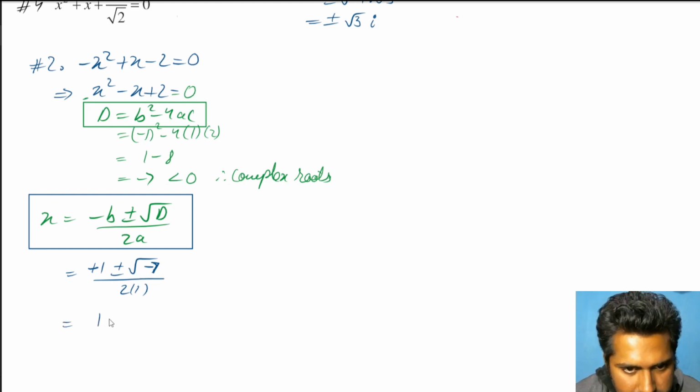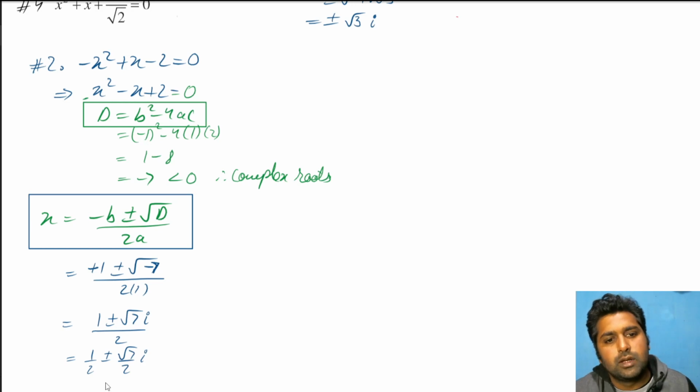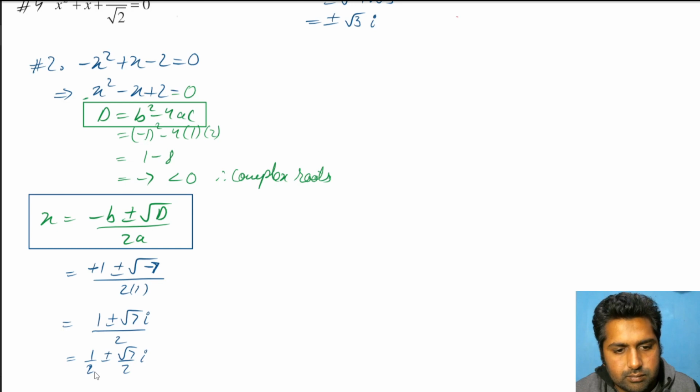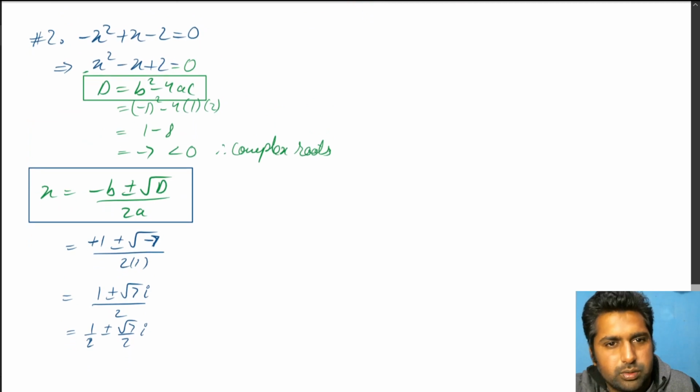So this is 1 plus minus root 7 iota, iota is outside the square root, upon 2. If we want to separate, this becomes 1 by 2 plus minus square root of 7 by 2 iota. So two values of x which are complex numbers. So I hope this is clear.